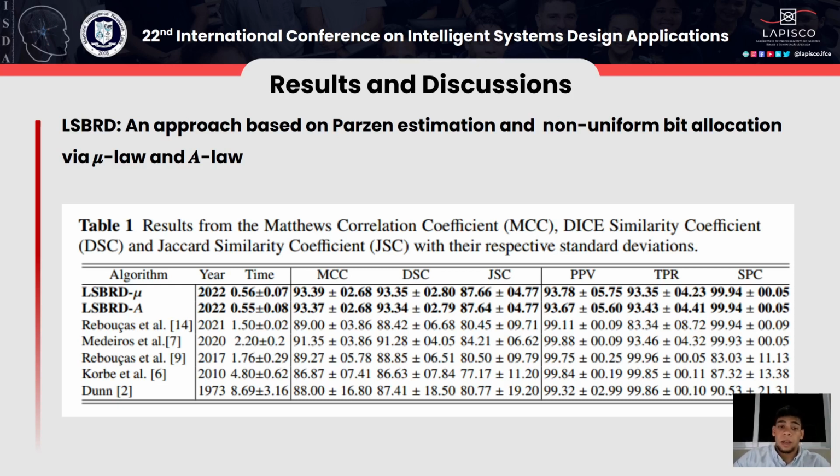As can be seen for the MCC metric, the LSBRD ME is superior by 4% and by 2% to the Rebouças methods and Medeiros too. Considering the DICE metric, the proposed method obtained the best values, being more effective than Medeiros method, by about 2%.